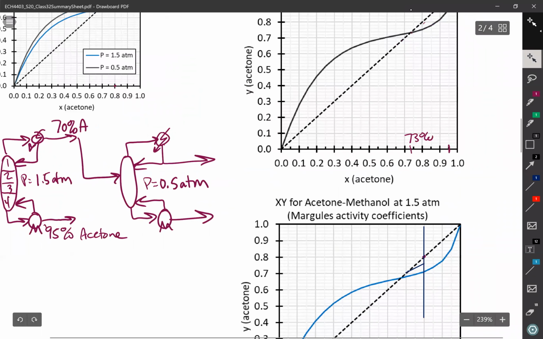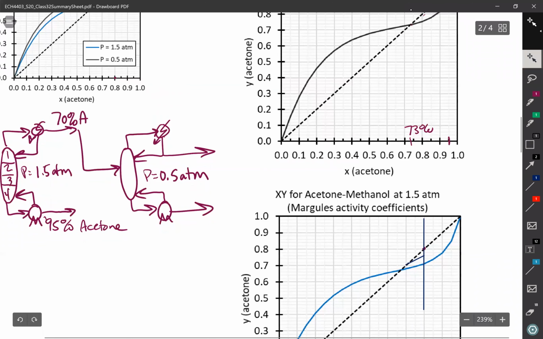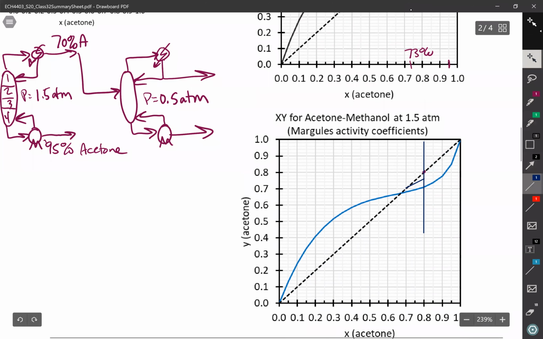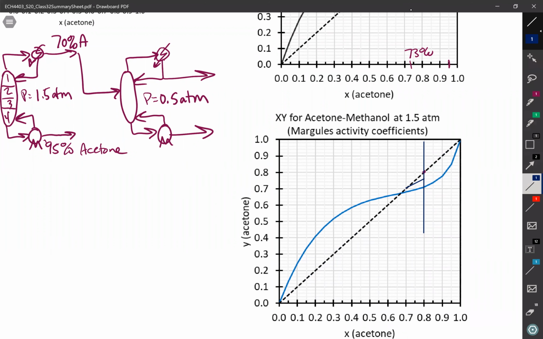All right, so any problem where I don't know what the reflux ratio is is a guess and check type problem. So I've just guessed a reflux ratio there. And now my stripping section operating line is going to be where XB, which is 95%, meets the intersection of the other two. It's like I didn't get it quite on XB. All right, so ask yourself, why is XB on the upper left?